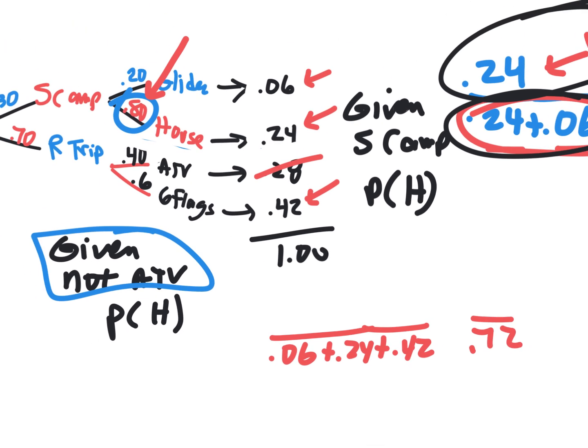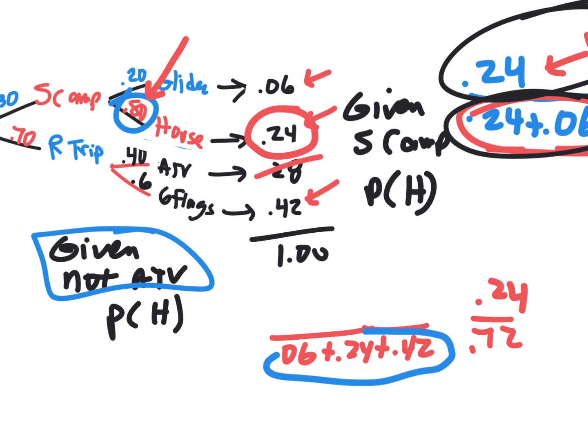And what I wanted was the horse, which was this one. So 0.24 over 0.72. See, that one you weren't going to find anywhere just sitting on the chart. You had to know how to do what's possible and put it on the bottom. And what you want, which was the horse, which was the 0.24.